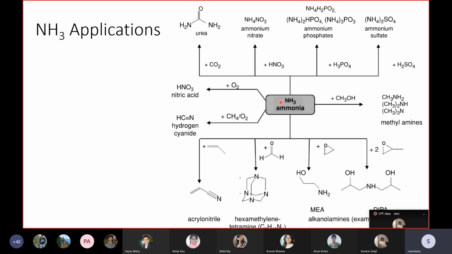In the early 19th century, the need for ammonia increased tremendously because fertilizer production was needed at a very high level. Ammonia is required for urea, and also ammonium nitrate was used as explosive material during the World War in the early 19th century, so the demand for this was very high.